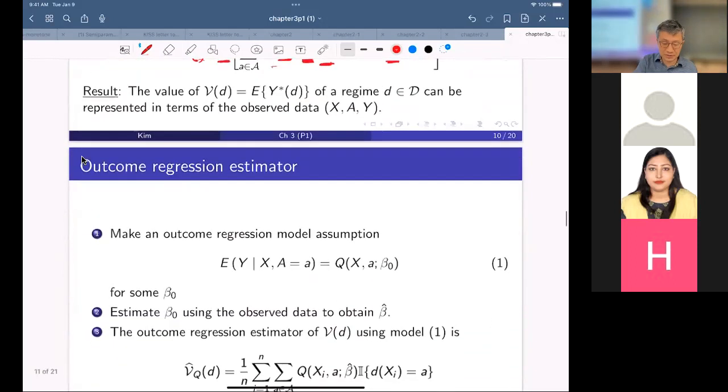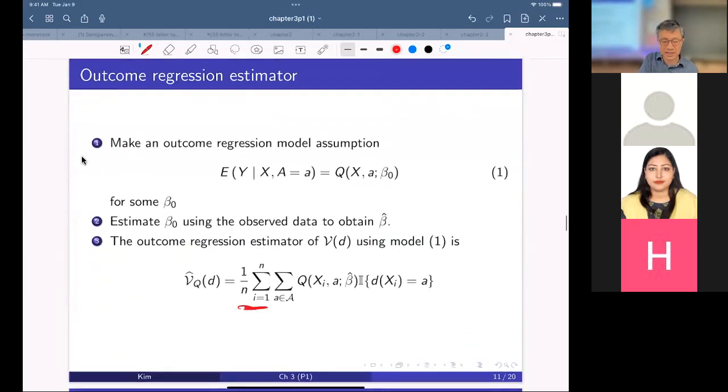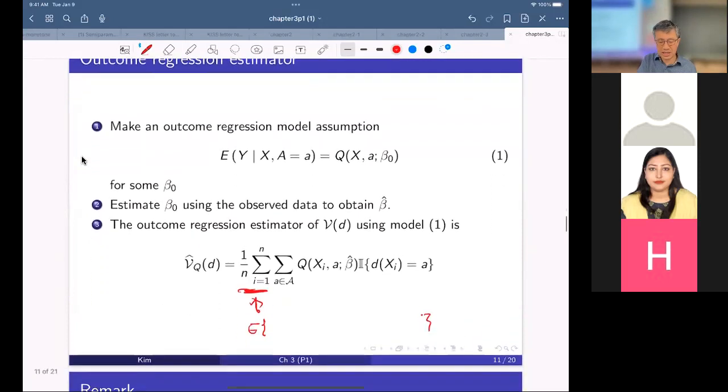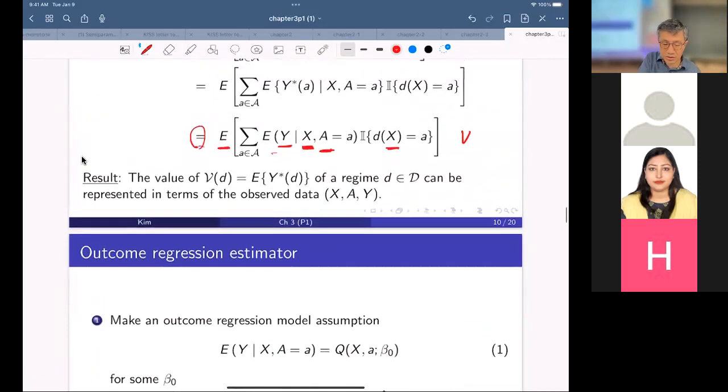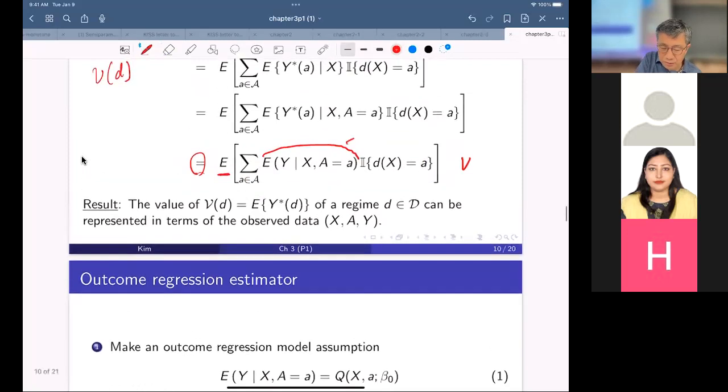The whole thing here, we'll call the Q function, the outcome model.